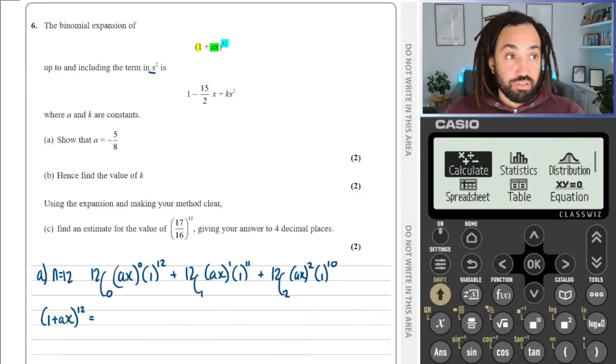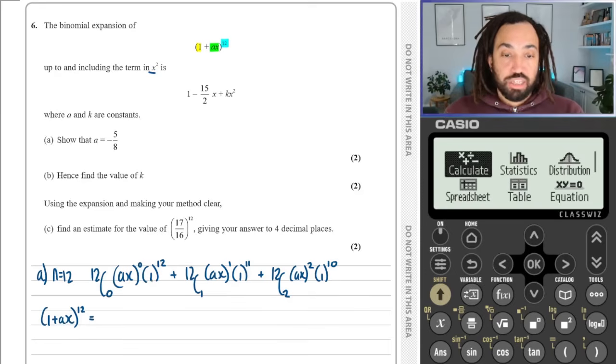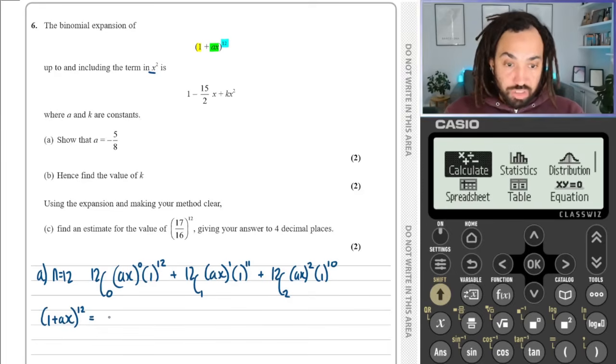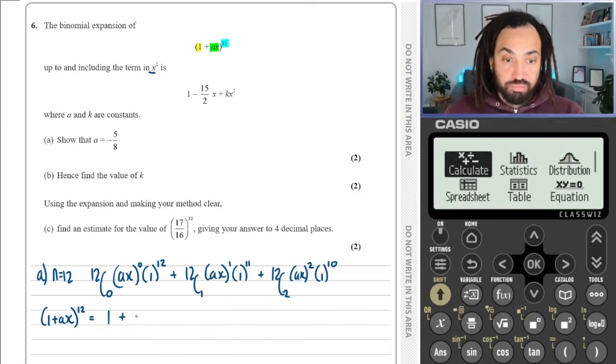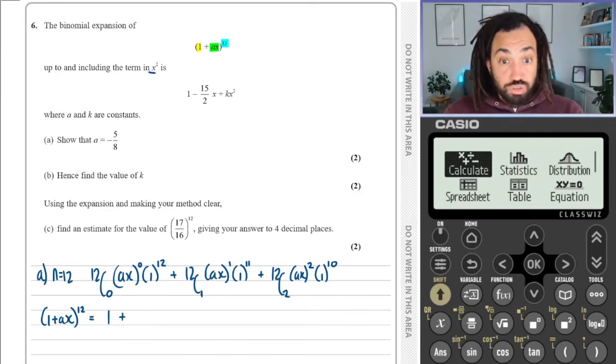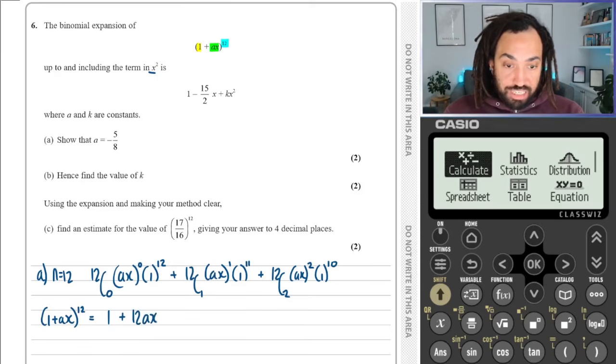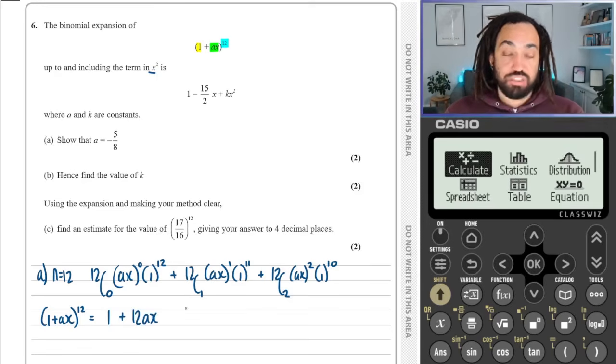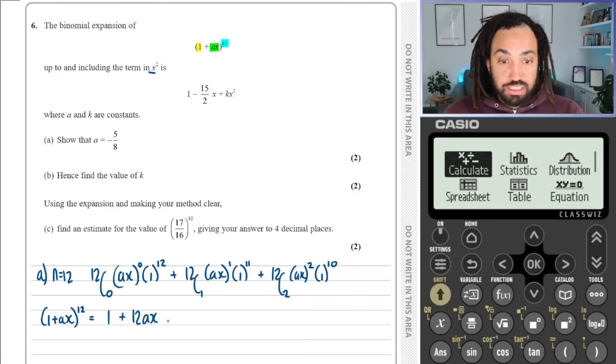Anything to the power 0 is 1, and 1 to the power of anything is 1, so times them all together, we get 1. I also know that anything choose 1 is always what that thing is, so in this case it's 12. Ax to the 1 is just ax, and times 1 to the 11 is just times 1, so no need to put that.